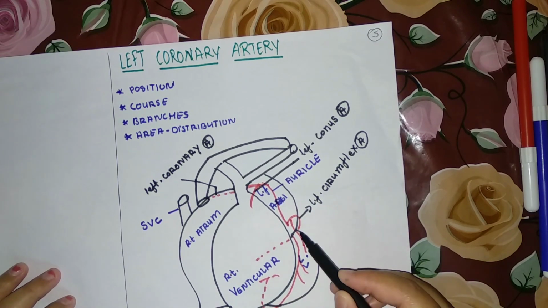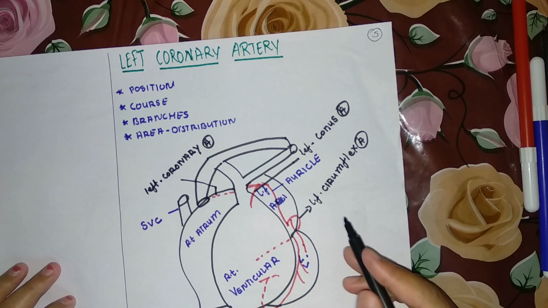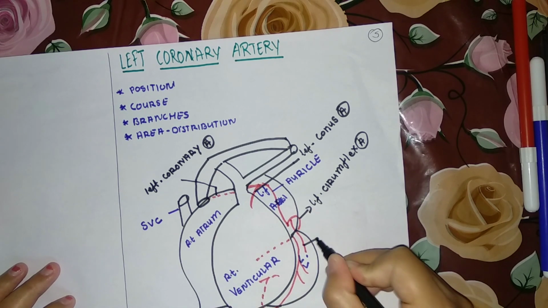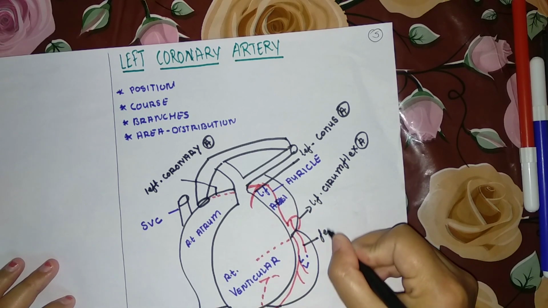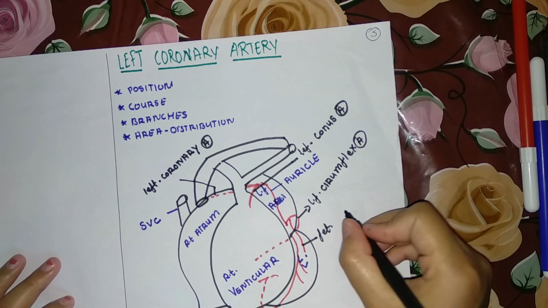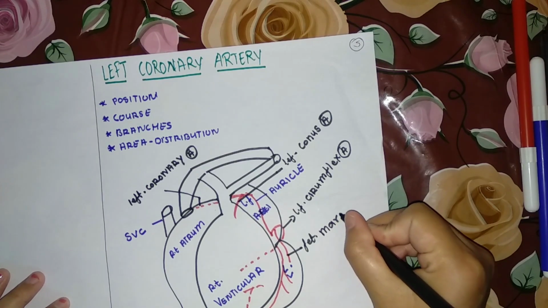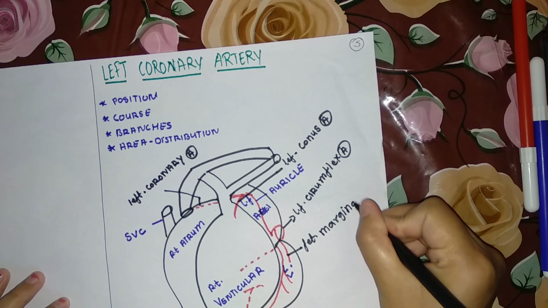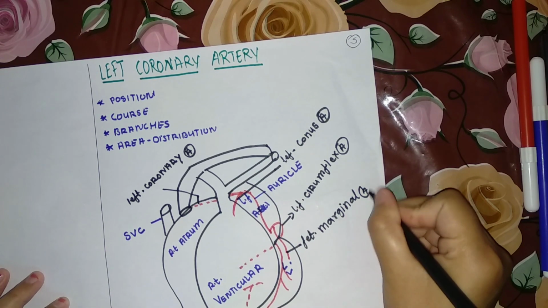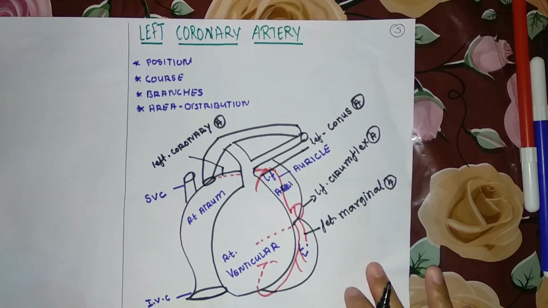The left circumflex artery gives one more branch, called the left marginal artery.